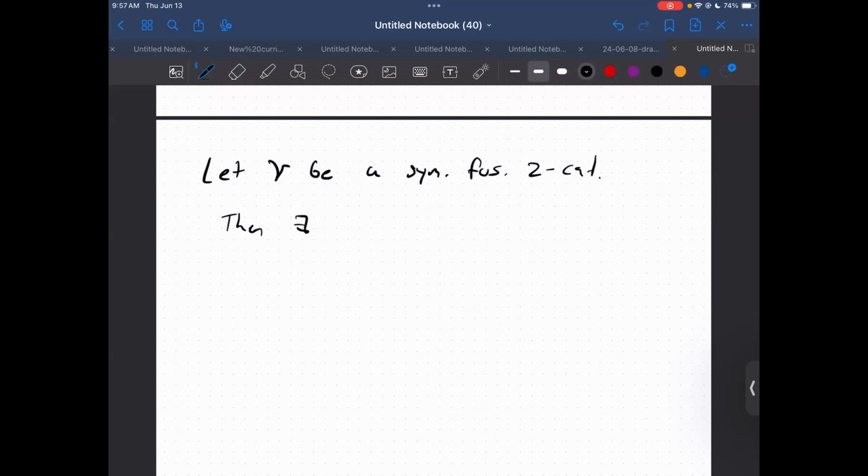Well, I'll just write it and then talk about it. And then conjecturally, this allows you to reconstruct V as some sort of Hopf category of objects in modules for supervector spaces.